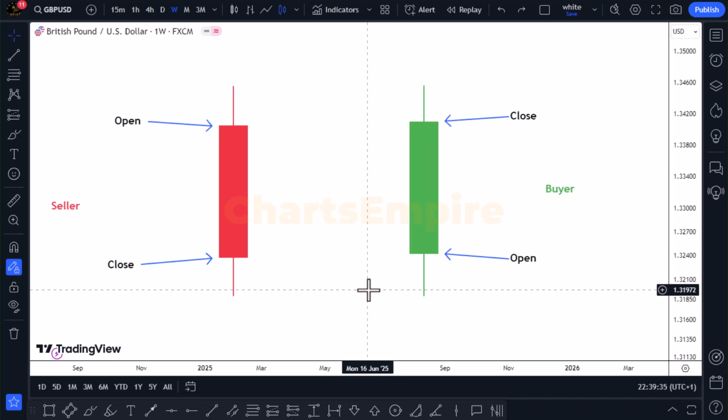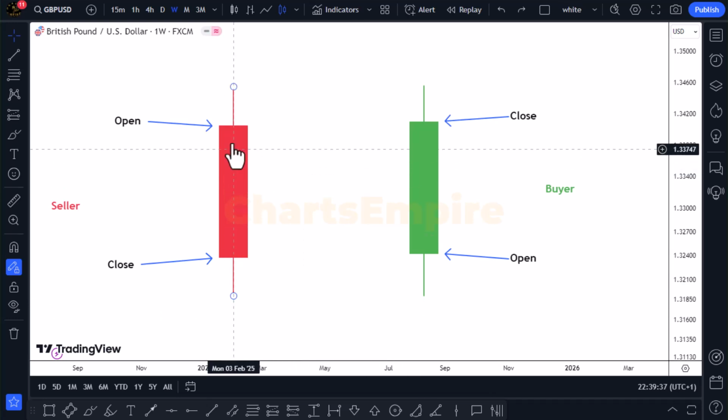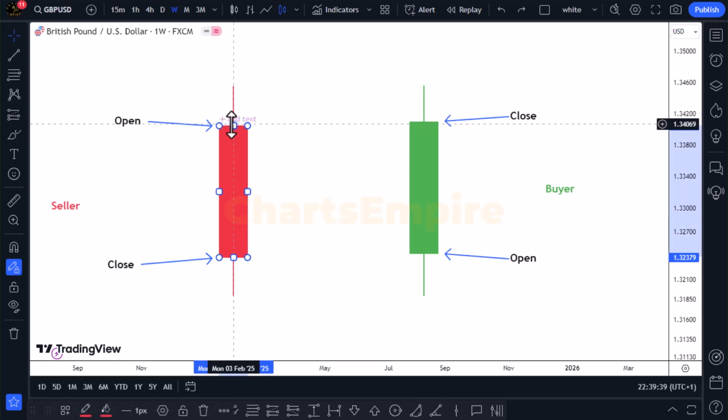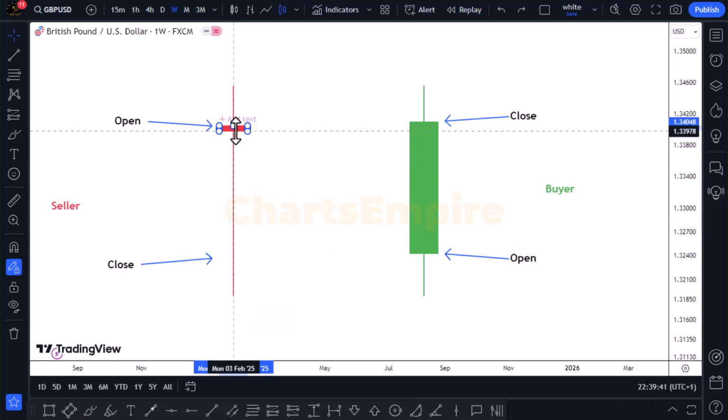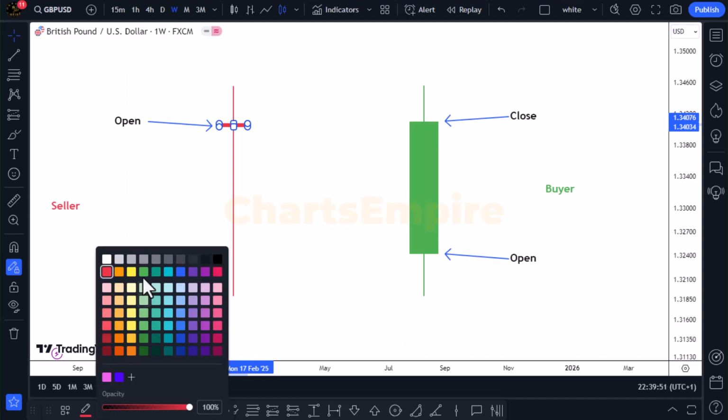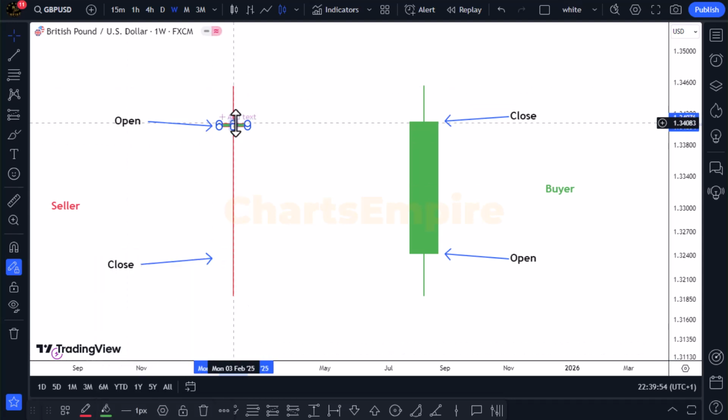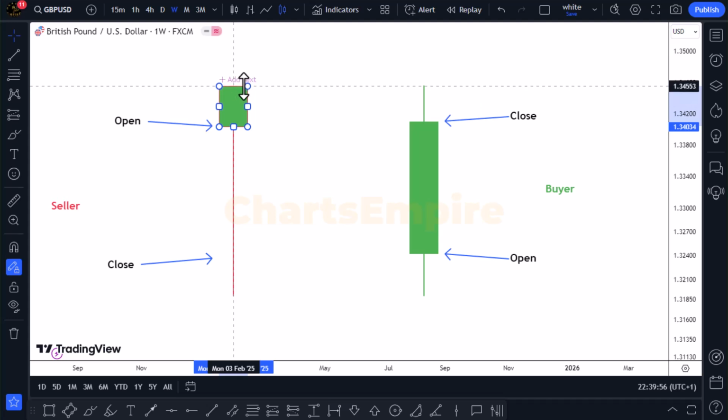At this level, when the sellers open the price here, this is the open, the buyers get in and push the price up. As they were pushing the price up, this color is going to be green. When they push the price upward to this level, the sellers came in aggressively and pushed the price downward to the open again.